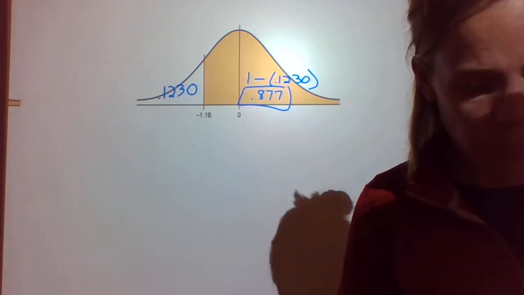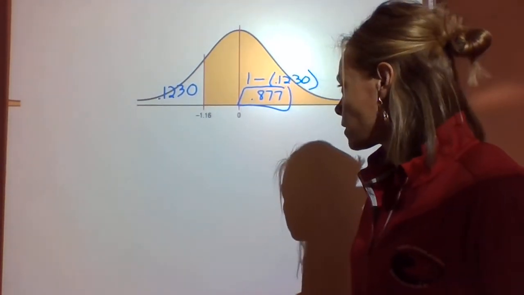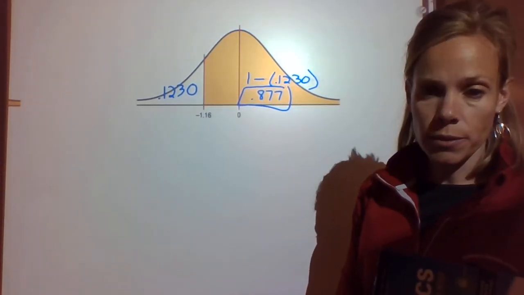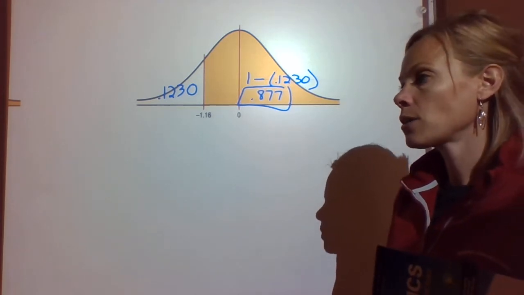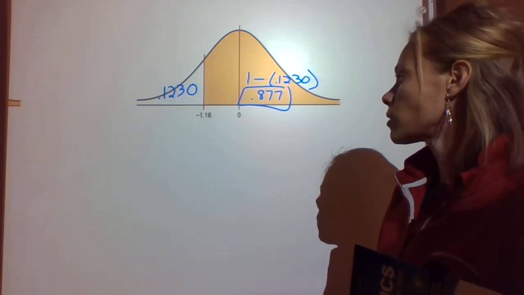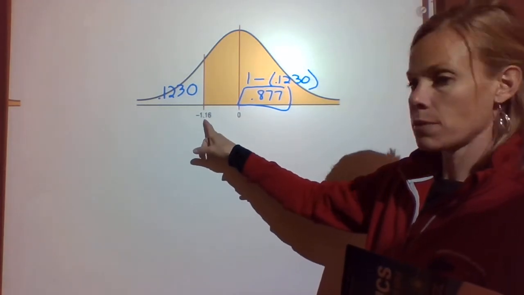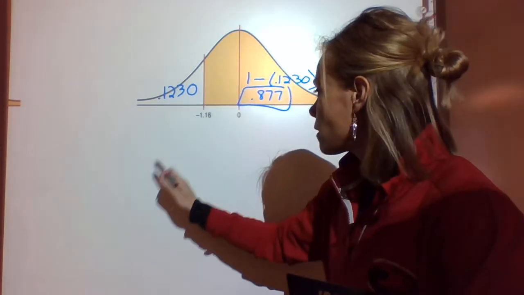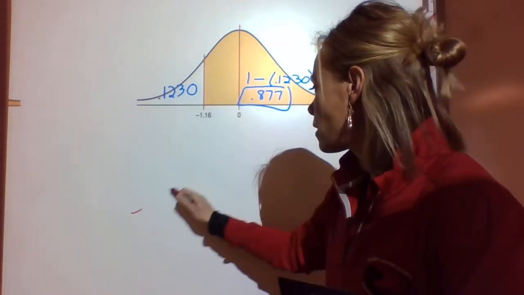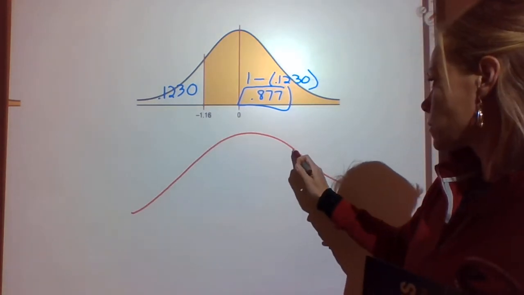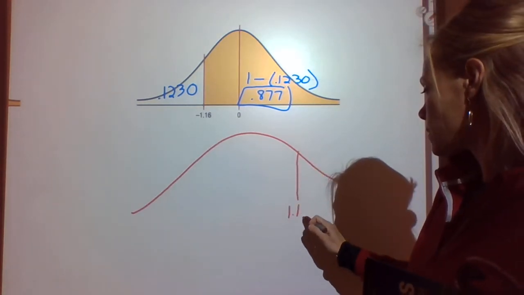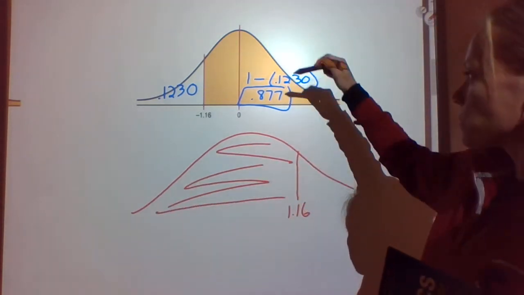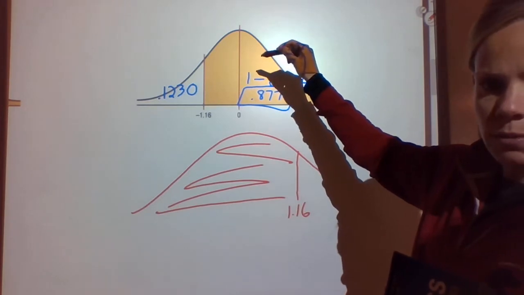Okay. All right, so there is another shortcut. We know that a normal curve is symmetrical. So another way you can do this is you can look up the opposite number to get area to the right. Because if I did the opposite number, 1.16, then this shaded region equals this shaded region because they're symmetrical.